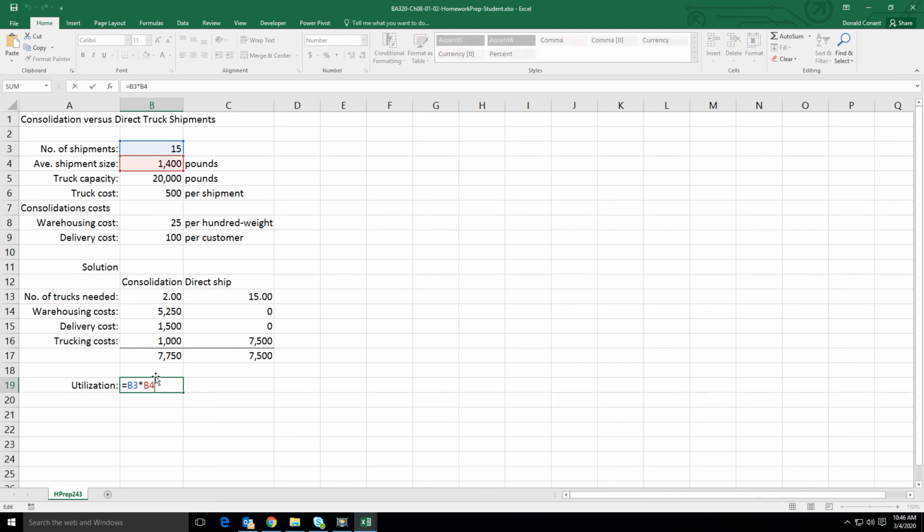So we want to go ahead now and take our number of trucks. Let's group these kind of at the steps as we go along. We're going to divide that. We need 2 trucks. So we're putting 10,500 pounds in our 2 trucks. 10,500 in each truck. They can hold 20,000 pounds.